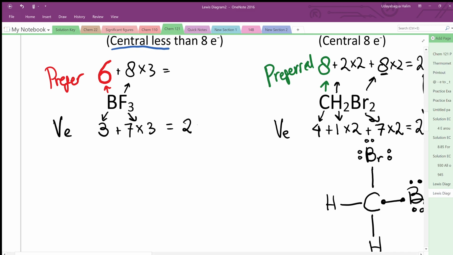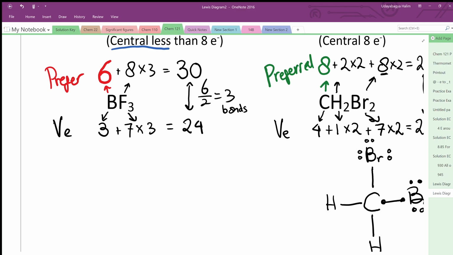So this is 24. 24 plus 6 is 30. So that's my hint for you, that if you count everything, thank you. There's a lone pair in there, right? It's tiny dots. Yep, thank you. That looks right.